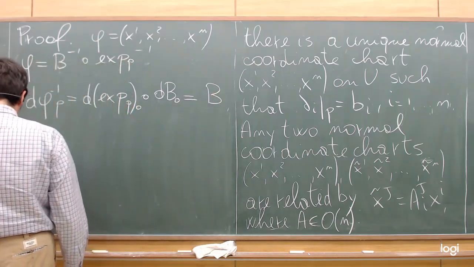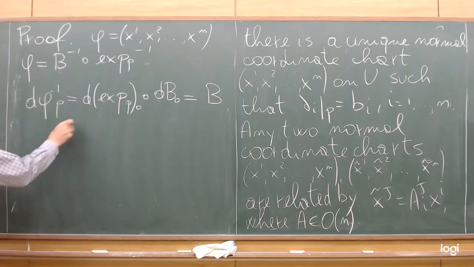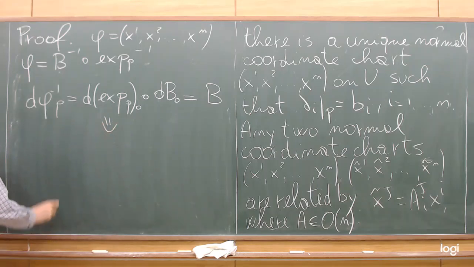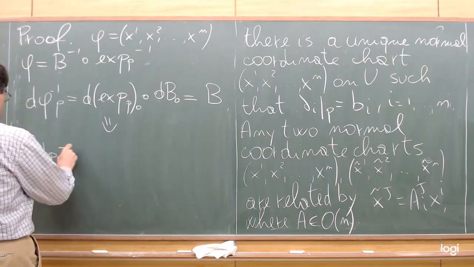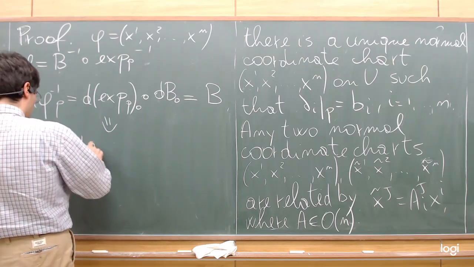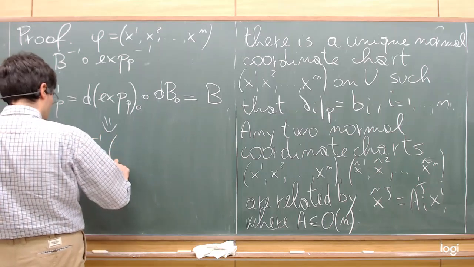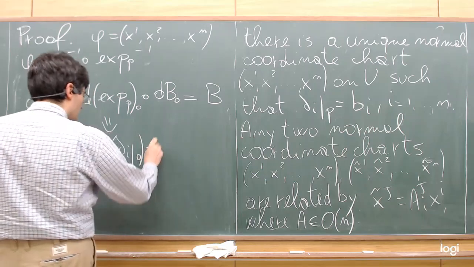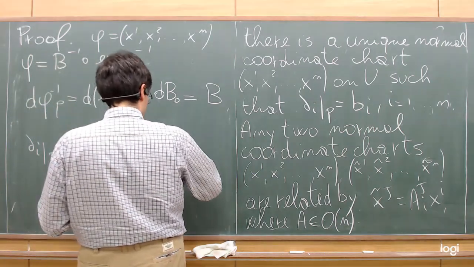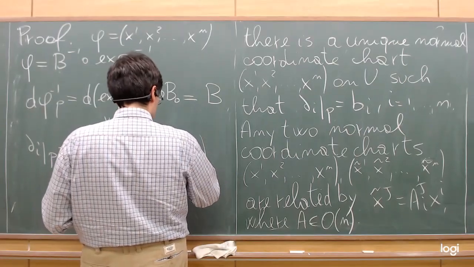Consequently, what is ∂i at P? This is the differential of phi inverse at P of ∂i at 0. It is B of ∂i at 0.